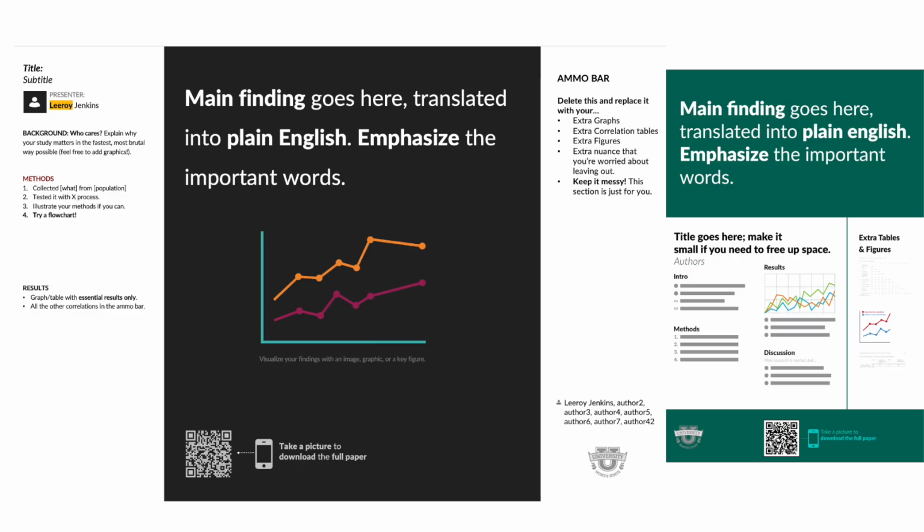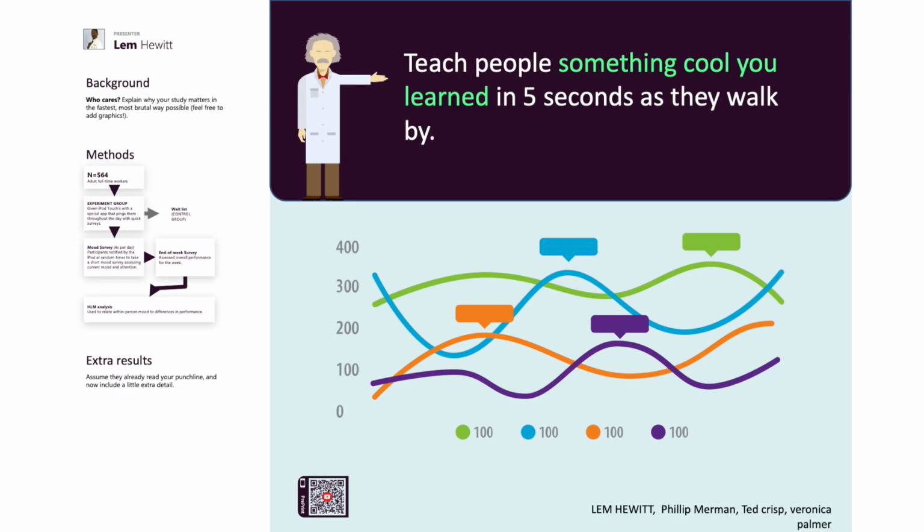So this Better Poster movement had a couple of variations which are interesting and potentially aren't worth completely replicating, but the ideas are useful. One was that they did a study where a lot of people implemented this poster design in conferences, and they found out that the ammo bar was quite useless or not used that often, and that having a key central figure is very important.